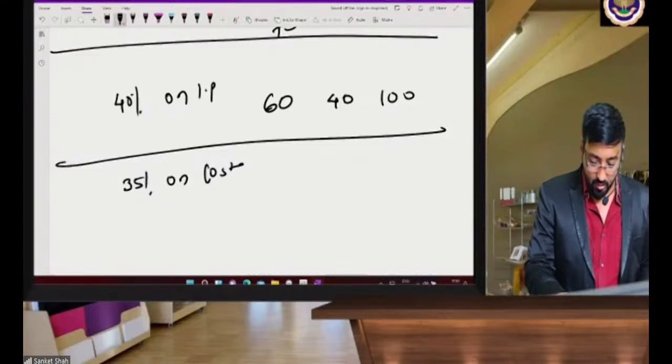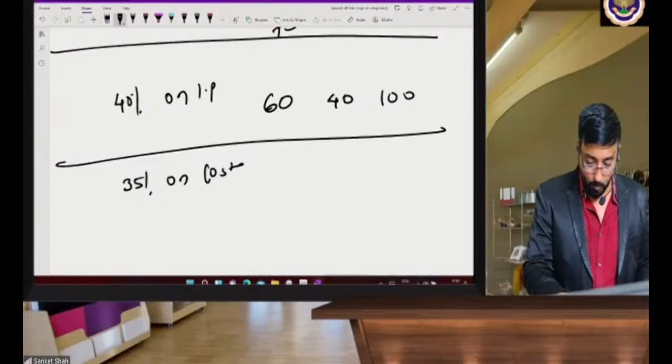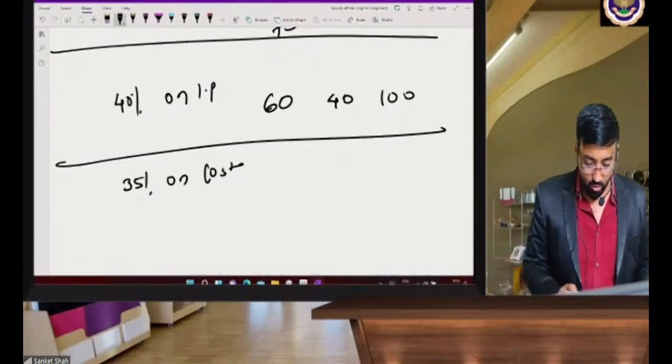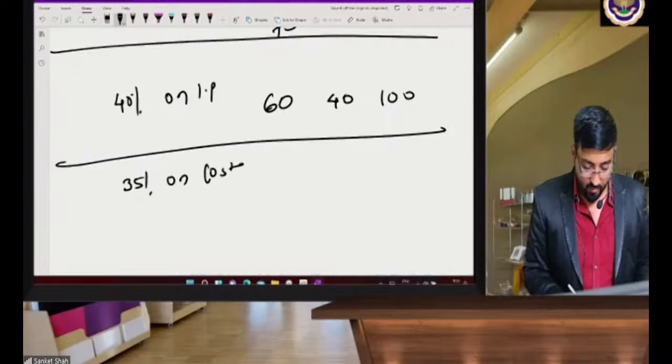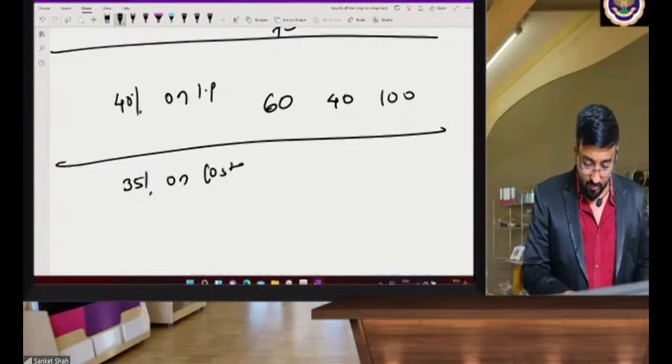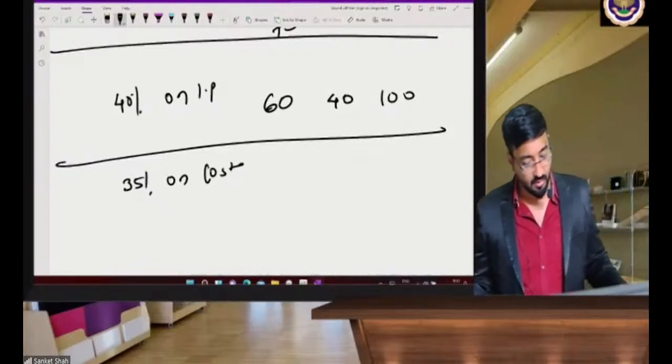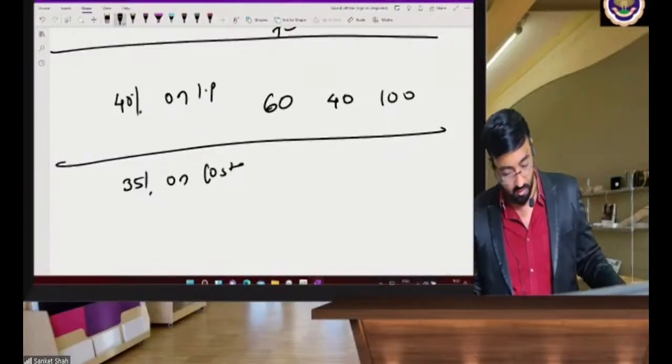Very good. Many students answer this. FRO students are also answering. Very good. Pema. Tenzin, beta, how many times are you answering? 35% on cost.